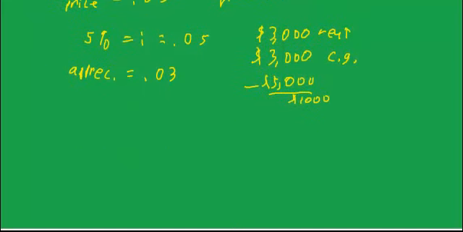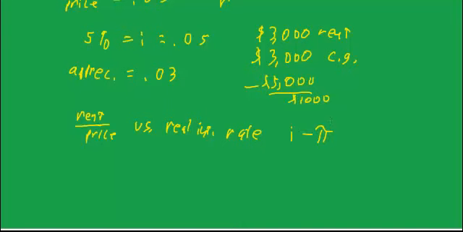What it boils down to is, if you compare the rent to price ratio versus the real interest rate, which is, I'll call the inflation rate, the rate of appreciation, pi, and the nominal interest rate, i.